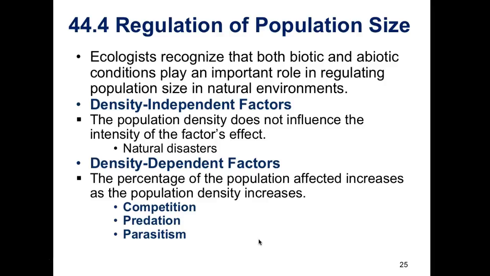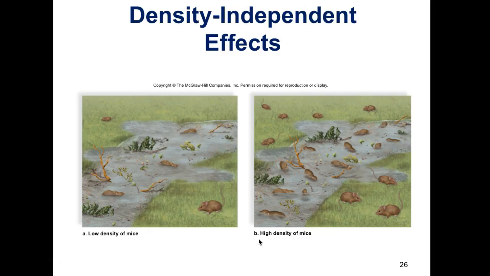Competition, as your population increases, you're going to be competing for resources such as food, shelter. Predation, as the population increases, you have a greater abundance of predators that will grow with your population. So those are density-dependent factors.